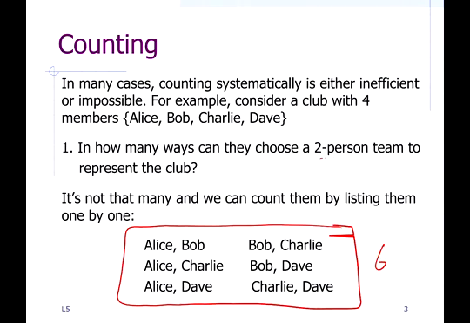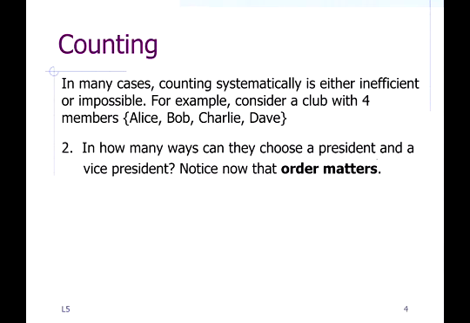Okay, let's take this one step further. Instead of a 2-person team, let's say for the same club, Alice, Bob, Charlie, and Dave, how many different ways can we pick a president and a vice president? Okay, so now this is different. Order matters. Alice, Bob is different from Bob, Alice.